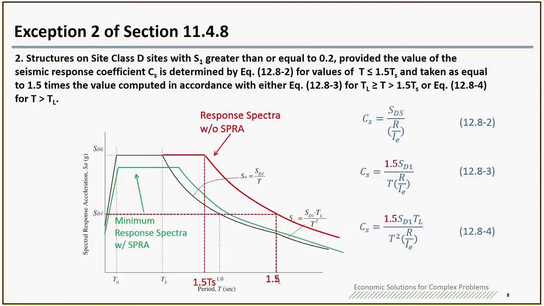So you can say there is a huge difference in this period range for seismic loading. If you see this figure, you have to consider whether you need to use the exception 2 directly or do the site-specific response analysis to reduce your load.